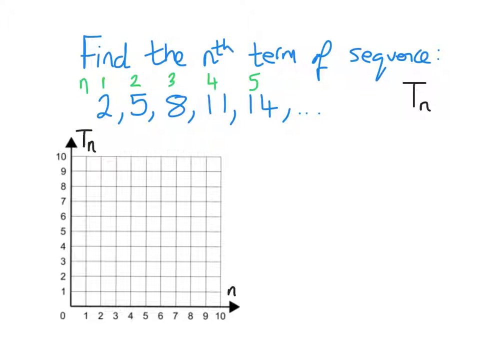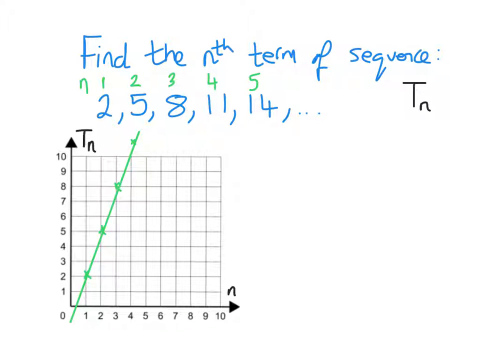My first term is 2, my second term is 5, my third term is 8, my fourth term is 11, and I can't actually plot my fifth term, it's not going to fit on there. But hopefully you can see that I can join these up with a straight line.